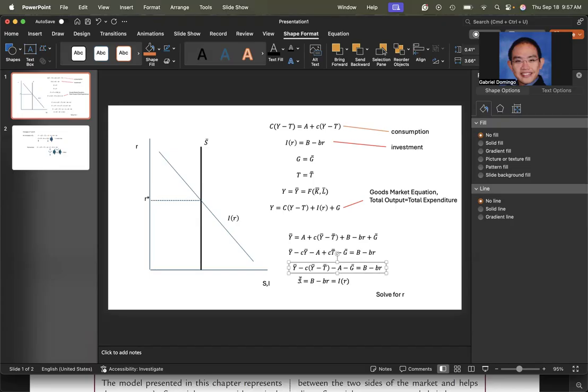Now, having said that, you can see that S bar will be equal to investment, I of R. And it's R, the real interest rate, that will equilibrate or make sure that investment equals S bar, which is this picture. Okay.